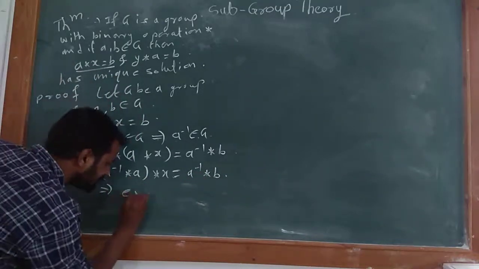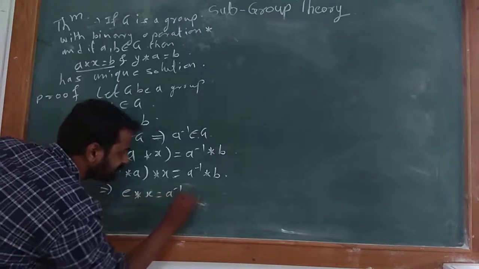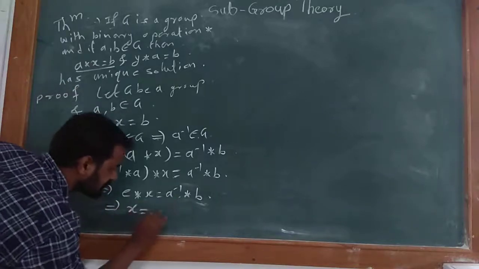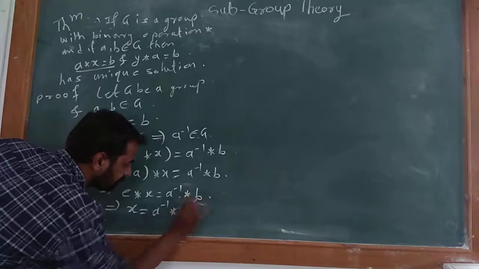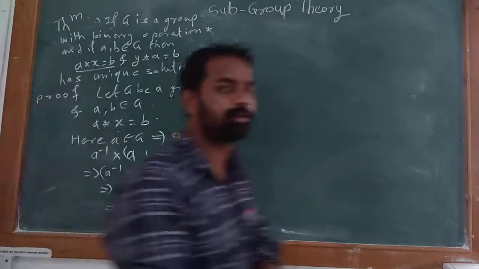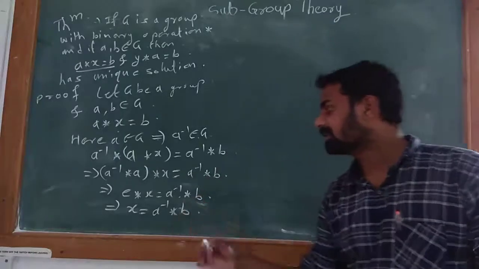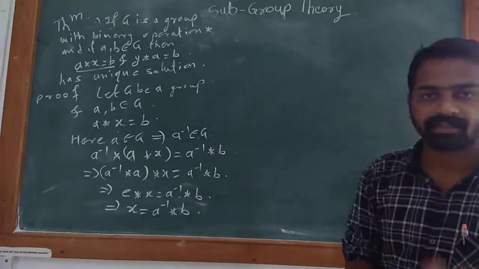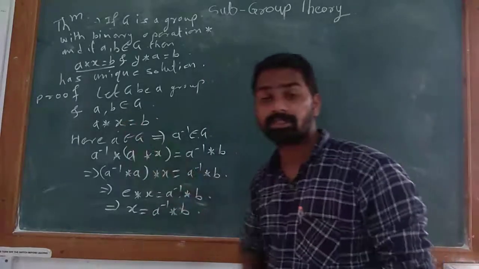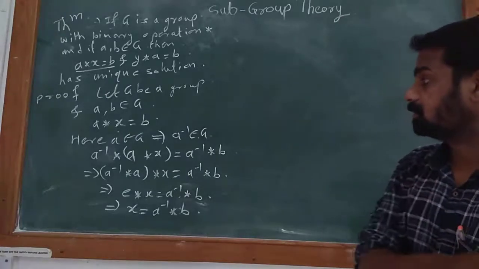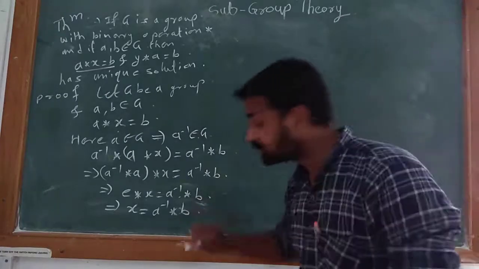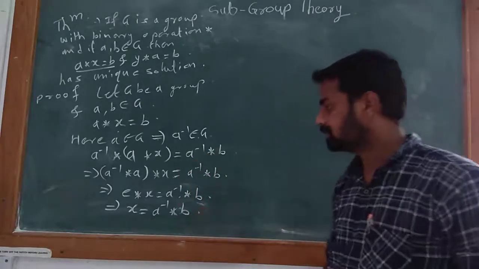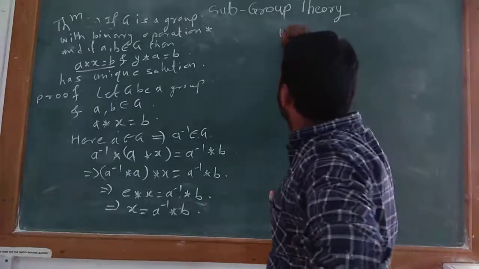This implies E star X is equal to A inverse star B. This implies X is equal to A inverse star B. Therefore, here we are getting a solution of A star X is equal to B. That is, A star X is equal to B has a solution in G. Now we have to show this solution is unique. So we are taking uniqueness.